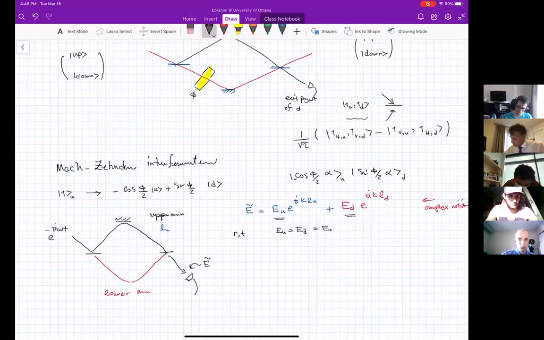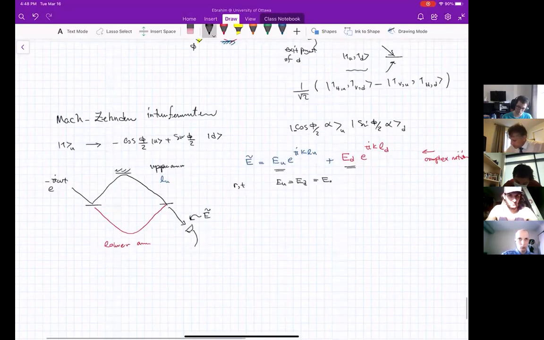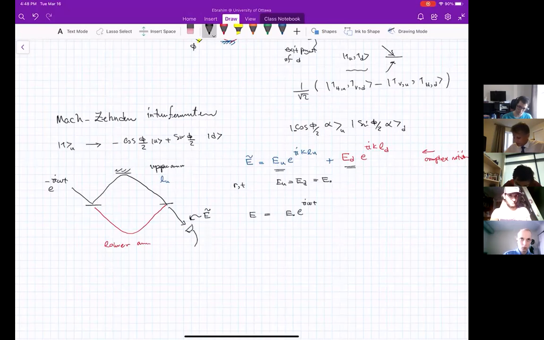Excellent. So then the electric field at the detector is given by E0, e power of minus i omega t, which will be factored out for both paths of black and red. And then I have e power of i k L u plus e power of i k L d.